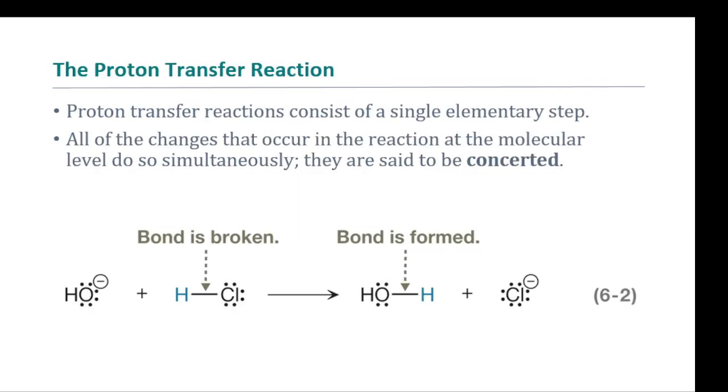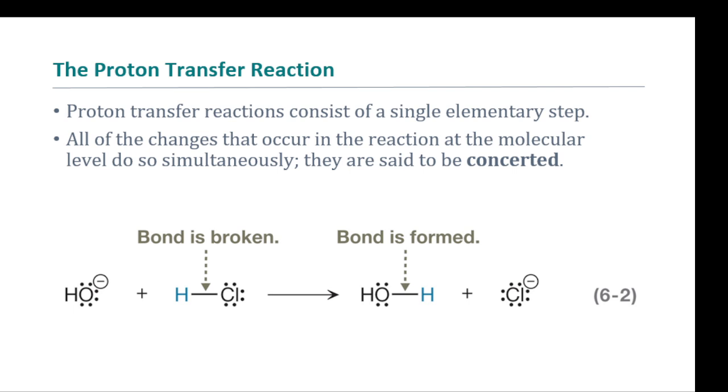Okay. So proton transfer reactions are going to consist of a single elementary step where we transfer the proton. All of the changes that occur in the reaction at the molecular level are going to do so simultaneously. This is what we refer to as concerted, that they're all happening at the same time. And so you always have to represent that with a single step because they're all happening at the same time.